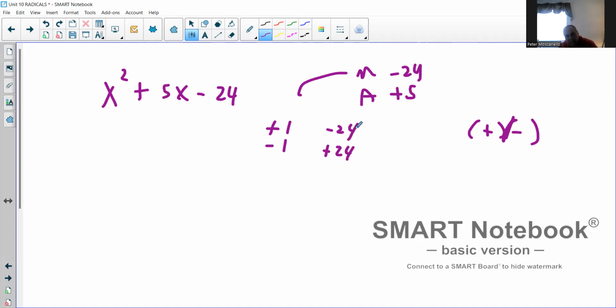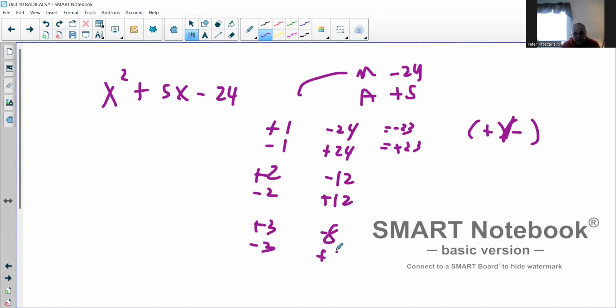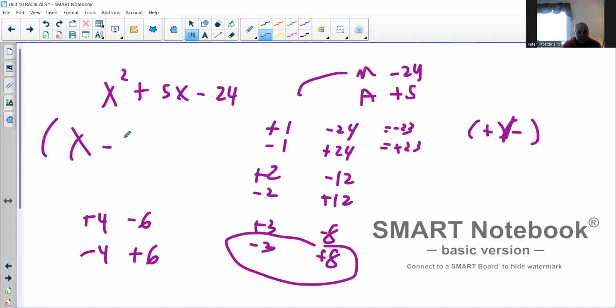Because these two add to -23, and these two add to +23, quite different. Let's go to +2, -12, -2, +12, +3, -8, -3, +8, positive 4, negative 6, negative 4, positive 6. Which of these adds to positive 5? There it is. x minus 3, x plus 8.